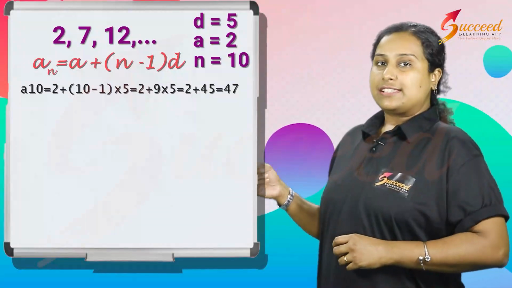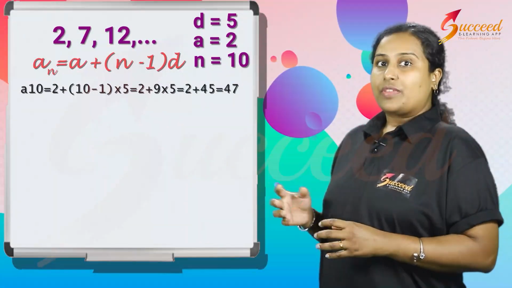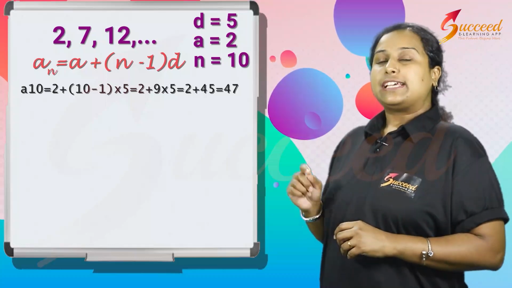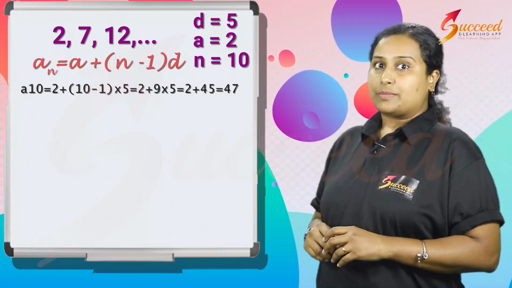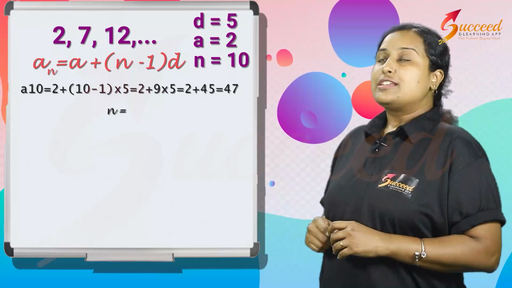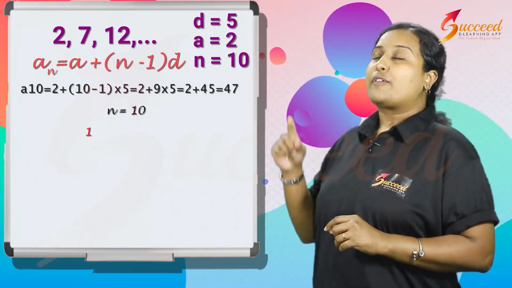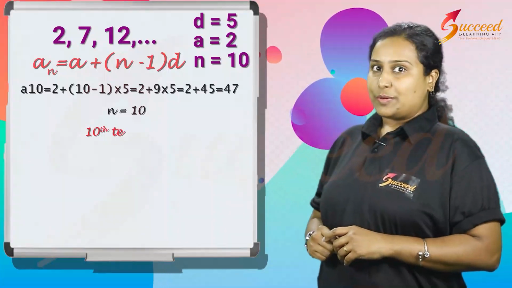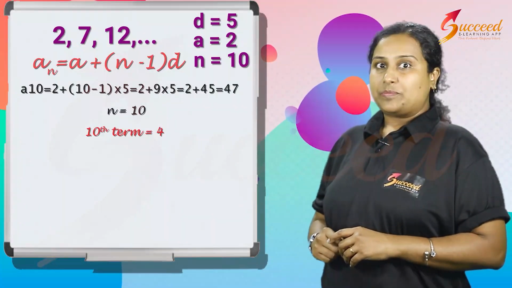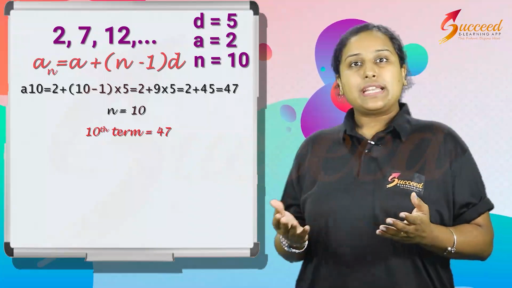So, the final answer is 47 because we had to find the nth term, that is the 10th term. n was equal to 10. So, by using the general equation, we have arrived at the 10th term of this particular arithmetic progression, that is 47. So, now let us move on to another example.